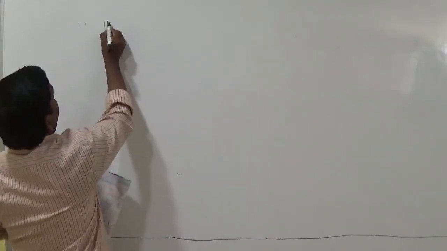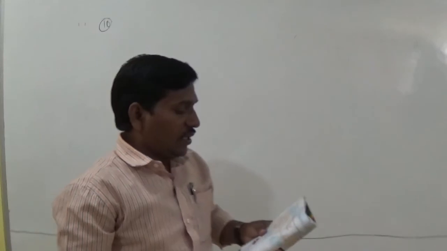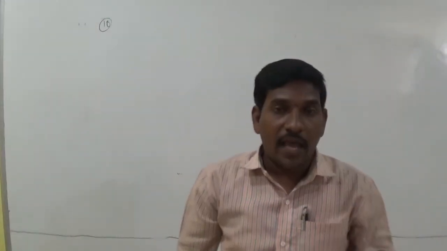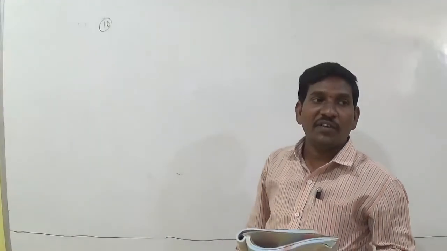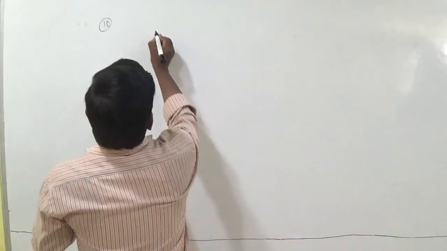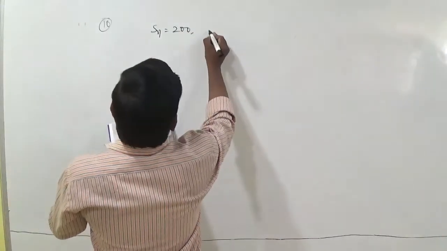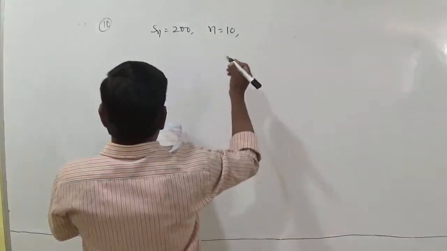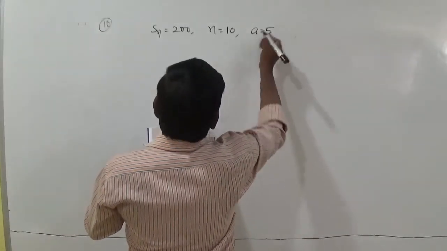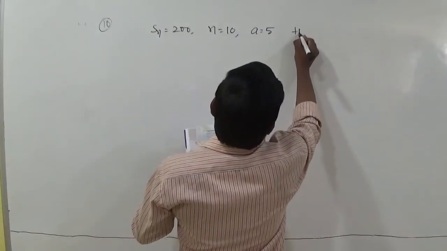Here 10th problem. If Sn equal to 200, n equal to 10 and a equal to 5, then what is the d value?